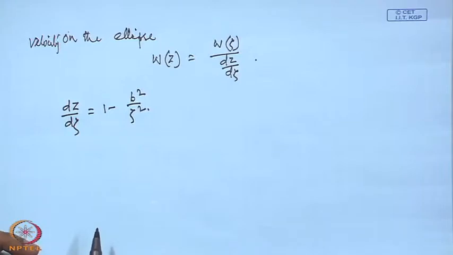How much is zeta at theta equal to pi by 2? Coordinate of that point.